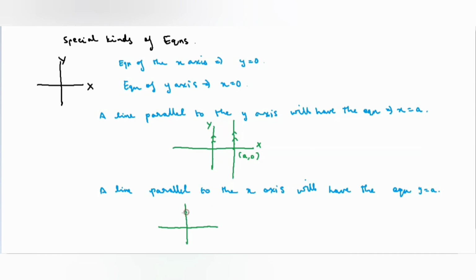Now let (0, a) be a point here. So this is the equation, and this is the x-axis, this is the y-axis, this is the positive side of the y-axis, this is the negative side, and you can see this is parallel to the x-axis.